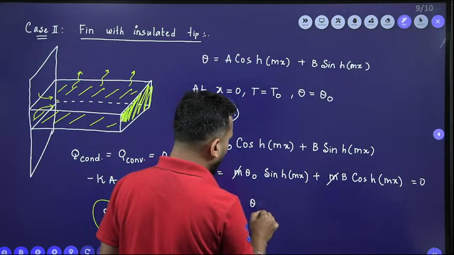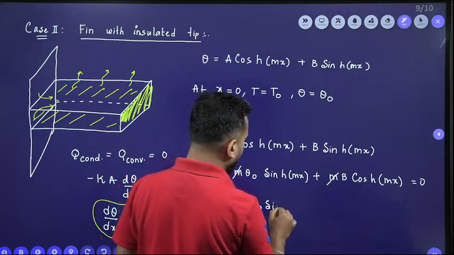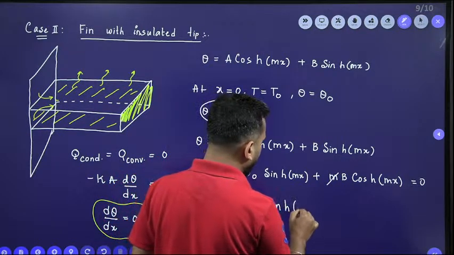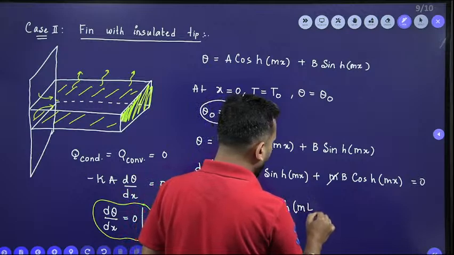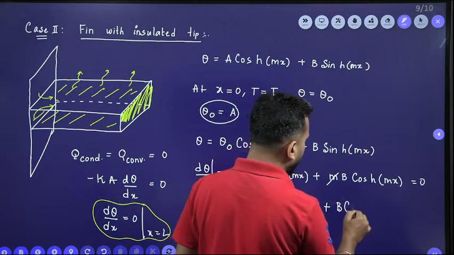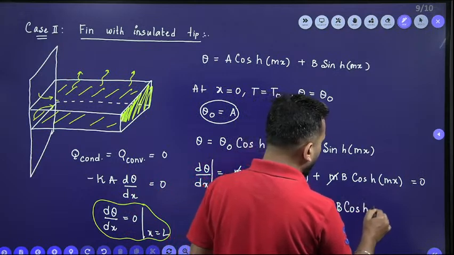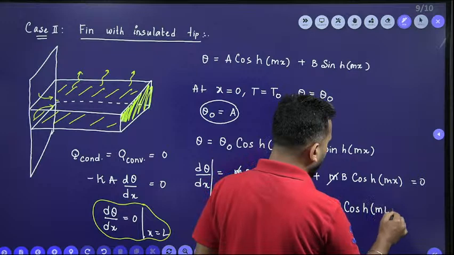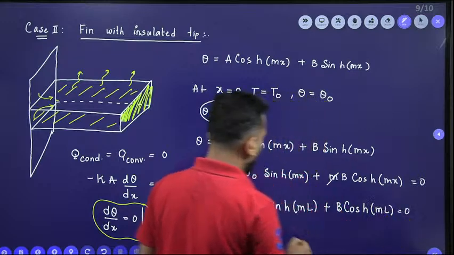So theta naught sin hyperbolic ml plus b cos hyperbolic ml equal to 0.